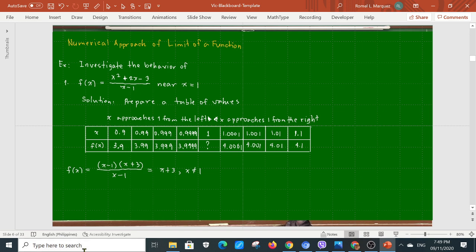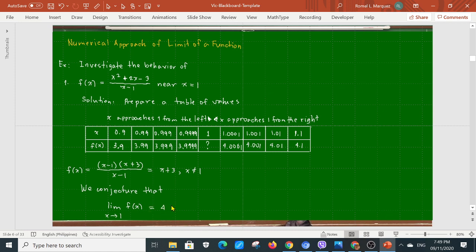So our conjecture, we conjecture, means we are having a wise guess, a wise decision, that the limit as x approaches 1, both from the left and from the right, as you notice, of f of x is equal to 4.